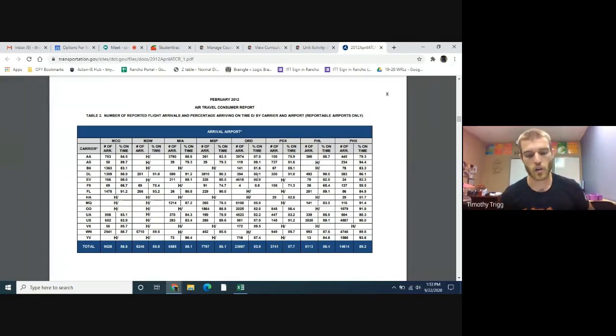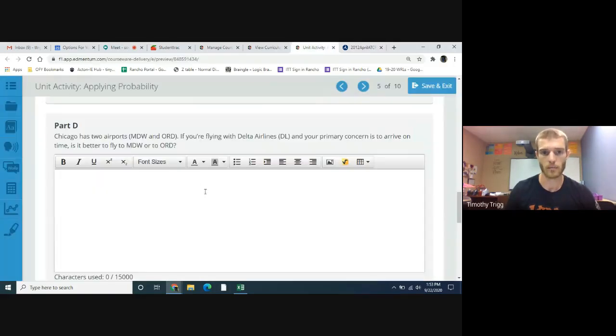So if my main concern is that my flight arrives on time, which airport should I fly to? Should I fly to MDW or ORD? So I want you to explain that here. We already looked at the numbers. I want you to explain if I'm flying with Delta Airlines, which airport should I fly to if I want to arrive on time?